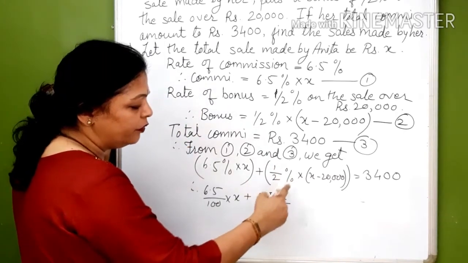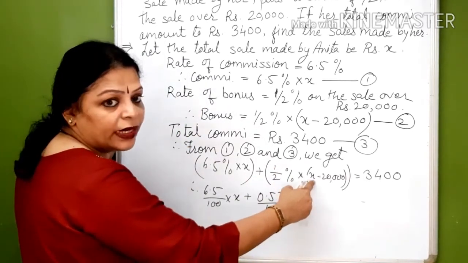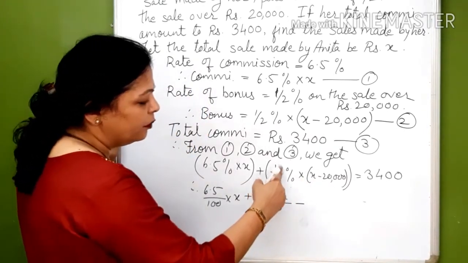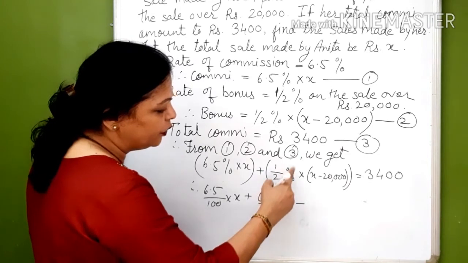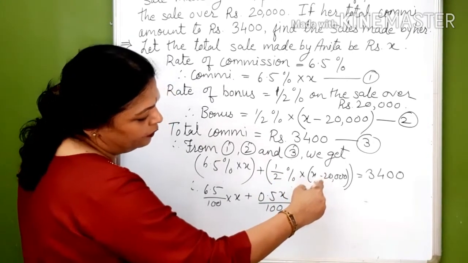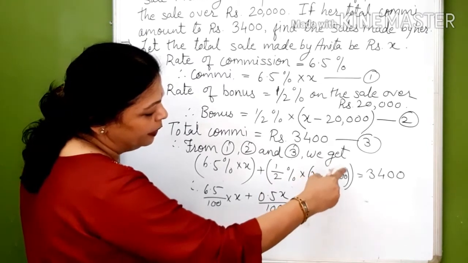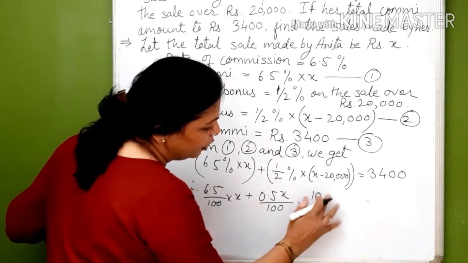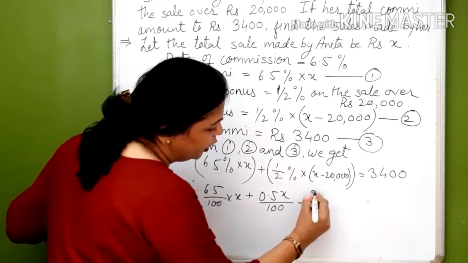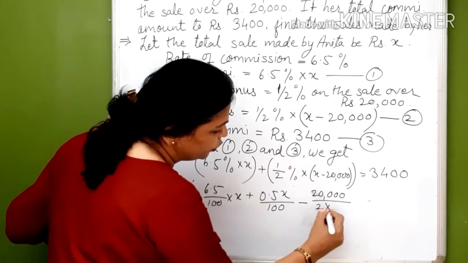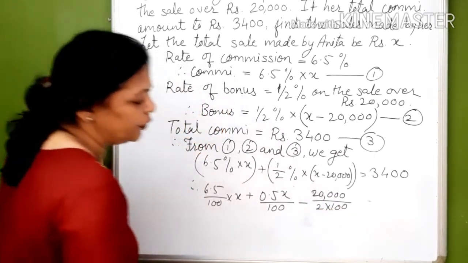This is now minus again 0.5, that is half, into 1 upon 100, into 20,000. 20,000 divided by 2 will be 10,000. So you get 10,000, or if you want you can write 20,000 upon 2 into 100, so that will not confuse you.